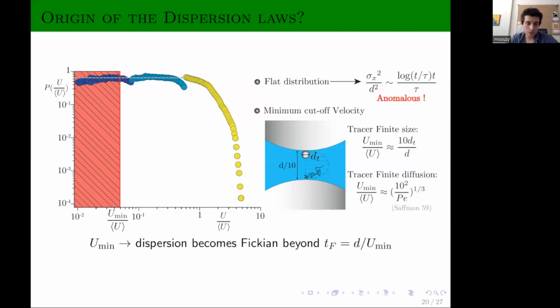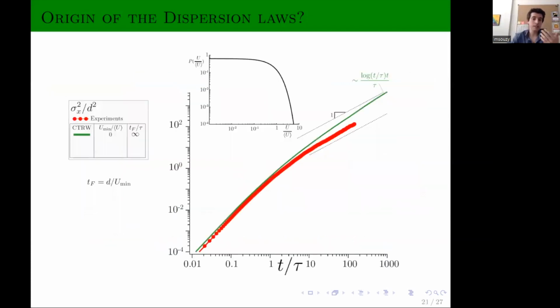And this minimum cutoff velocity sets the fact that the dispersion process will become Fickian beyond a time which is itself fixed by the value of this minimum cutoff velocity. To test these hypotheses, what we can do is a continuous time random walk, which is very often used. You provide to the continuous time random walk a given velocity distribution, and it will predict the dispersion process that you will get out of it.